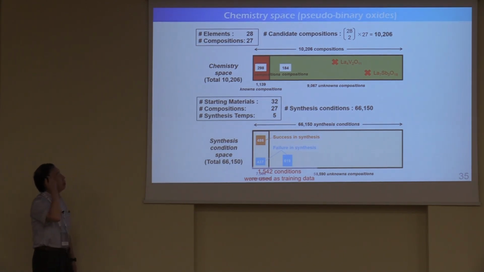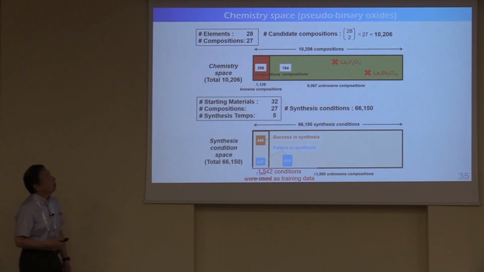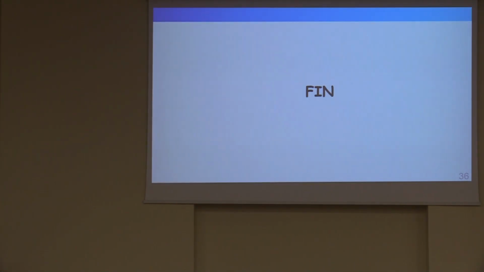We are not professionals of synthesis, but with the use of the recommendation system, it was possible to find this type of compound quite efficiently. So this is the end of my talk.